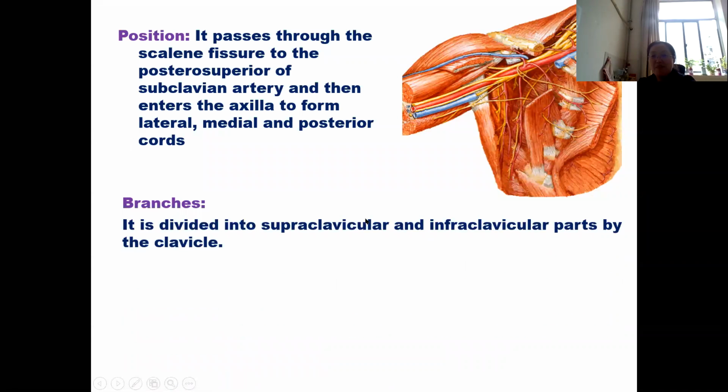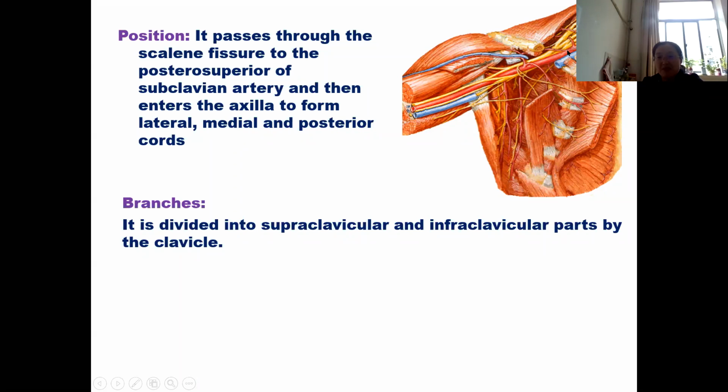Okay, major branches. There are 5 major branches you must remember. If the branch is given from above the scapular bone, above the scapula, we call it the suprascapular branches. Most of them are quite small.